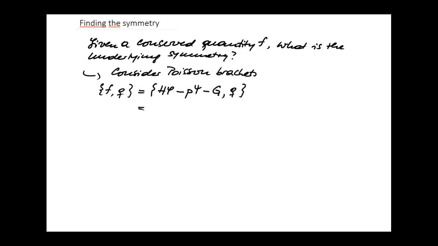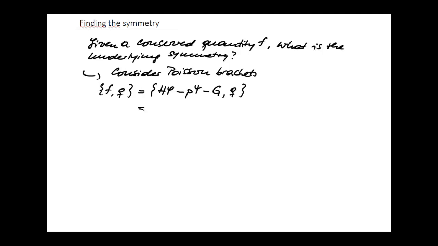Let's consider these terms one by one. Let me start with the Poisson bracket of minus p psi with q. There's a product rule for the Poisson bracket. That is minus the Poisson bracket of p with q times psi, minus p times the Poisson bracket of psi with q.